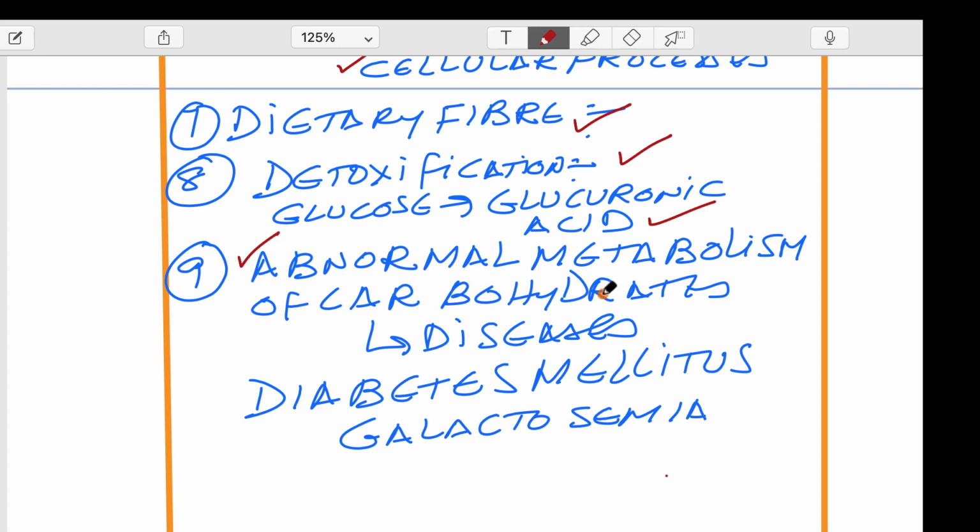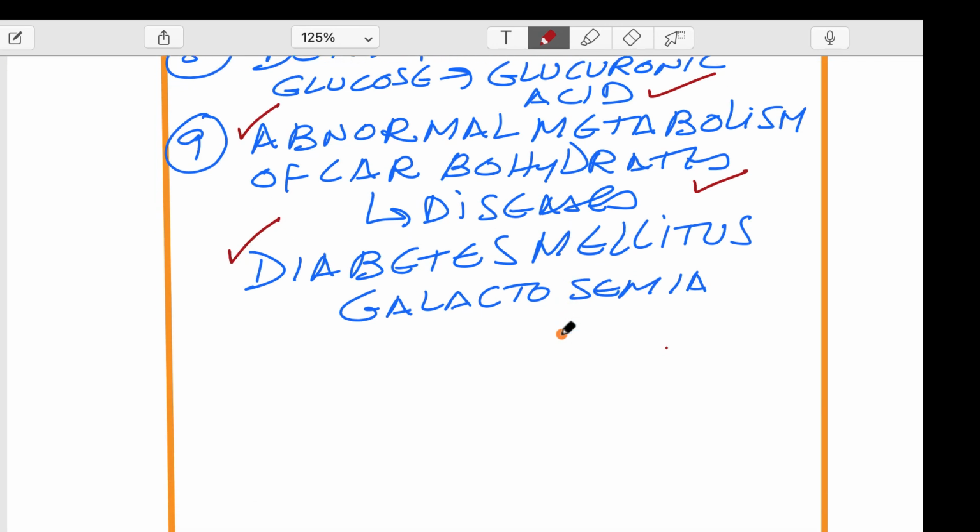Abnormal metabolism of carbohydrates leads to development of diseases. One of the most common, with many complications, is diabetes mellitus, and also galactosemia, and there are many other diseases. With this, we have completed this section on definition and functions. In the next session, we'll be talking about the classification of carbohydrates and monosaccharides. Thank you very much.